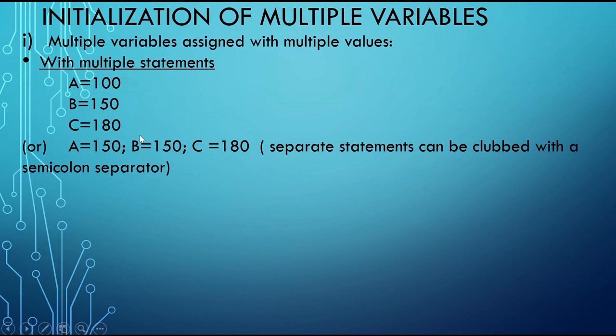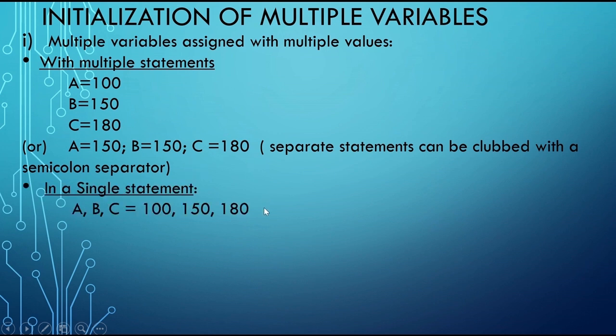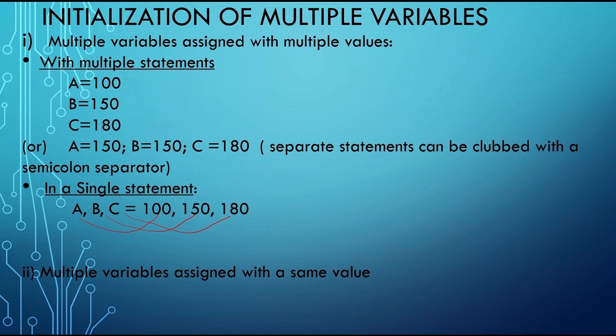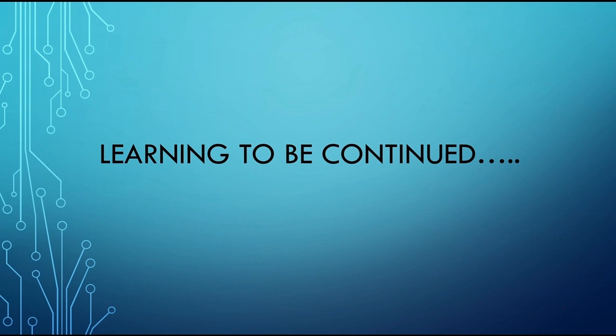So three different lines can be clubbed on the same line using a semicolon separator. But in a single statement, if the above initialization has to happen, then the syntax is a comma b comma c equals 100 comma 150 comma 180. So a takes the value 100, b takes the value 150, and c takes the value 180. Now if several variables are to be assigned the same value, the syntax will be a equals b equals c equals 500. So all the three variables a, b and c are going to be assigned the same value 500.